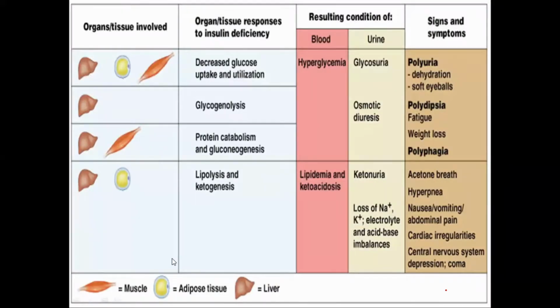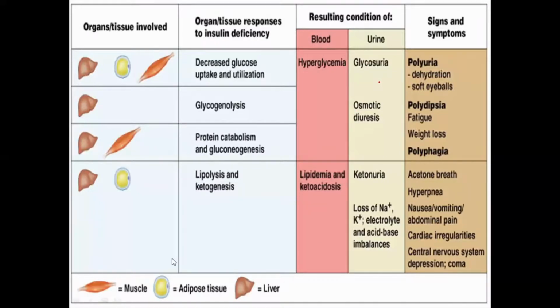So here I got this figure from internet, and I found this simple one to explain what happens in these cases. Here you can see this decreased glucose uptake and utilization will cause this hyperglycemia, glycosuria, and this glycogenolysis, then protein catabolism and gluconeogenesis.